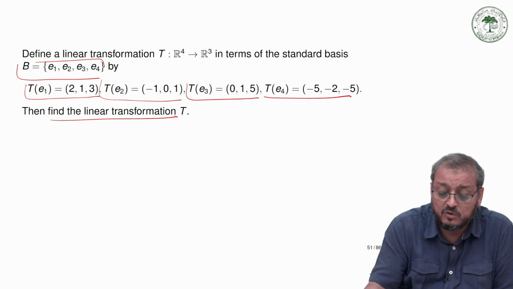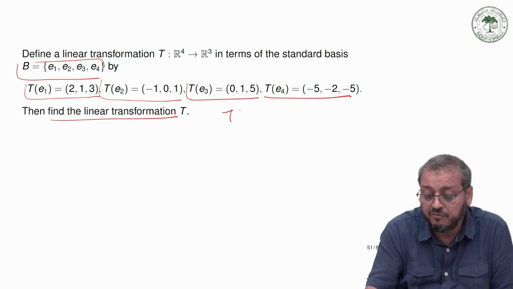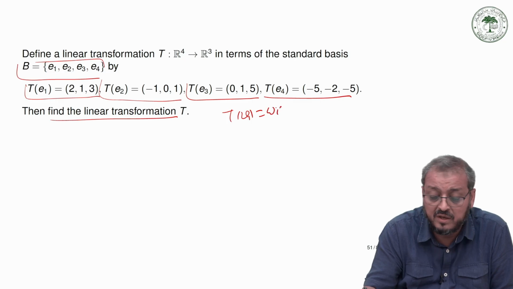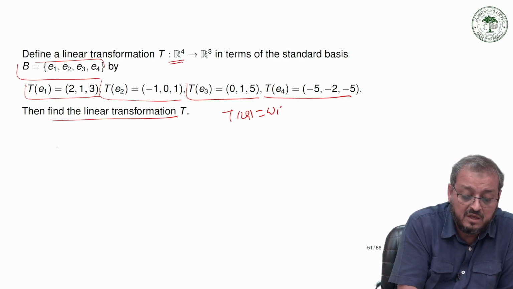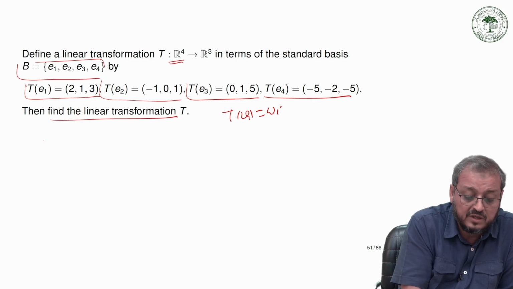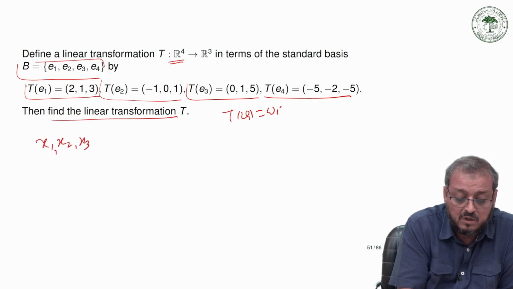By the previous theorem, we can say that T of Vi is equal to Wi, since the basis is given. We have to take any vector in R4, some x1, x2, x3, x4.